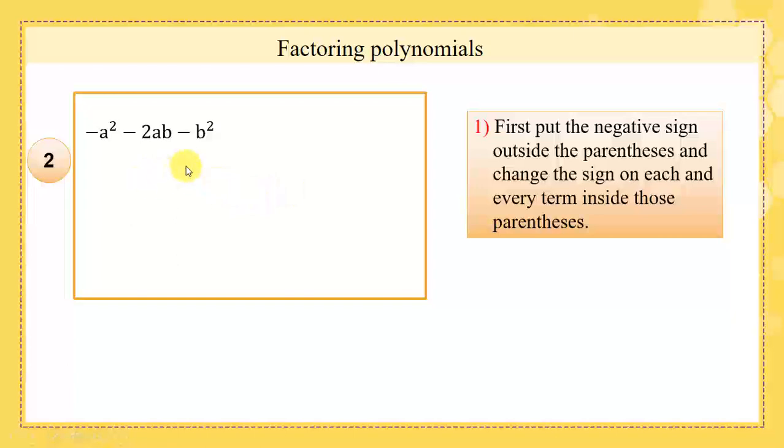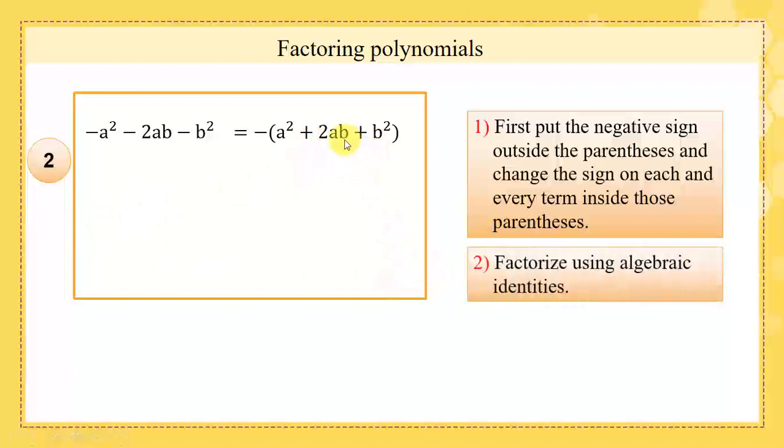It is just like taking minus as a common factor. So we have negative outside, we open parentheses, and we change the sign of every term to get a squared plus 2ab plus b squared. Now we can factorize this by using remarkable identity number 1. So we get negative (a plus b) squared.